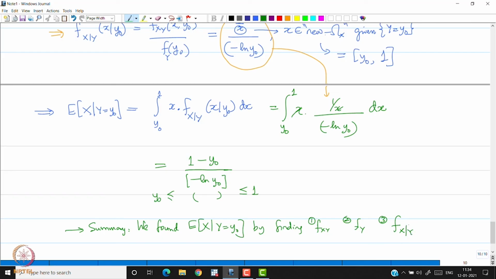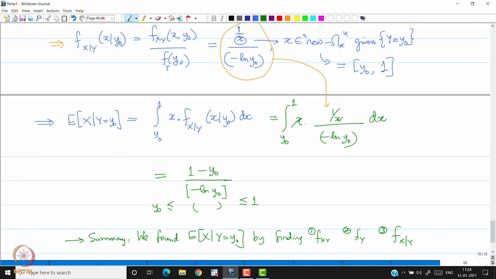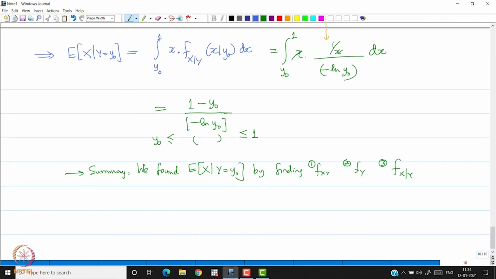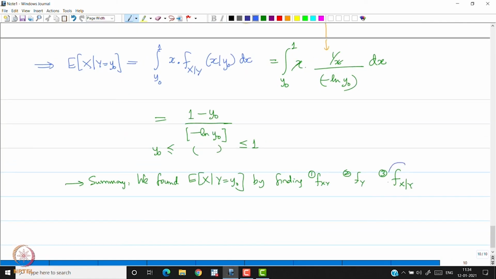In this particular case, we could find a closed form expression for the conditional PDF of x, and this was sufficient to find the conditional expected value of x given y equal to y naught. So that's basically the blackboard example explained clearly, and I will stop the example at this point.